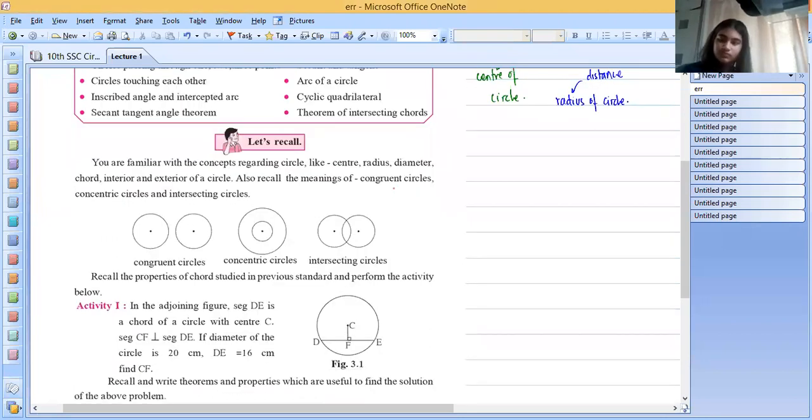So if we talk about congruent circles, then they have the same radius.